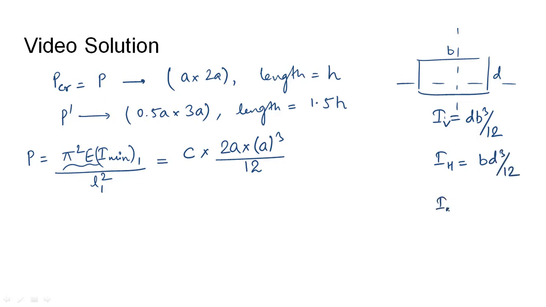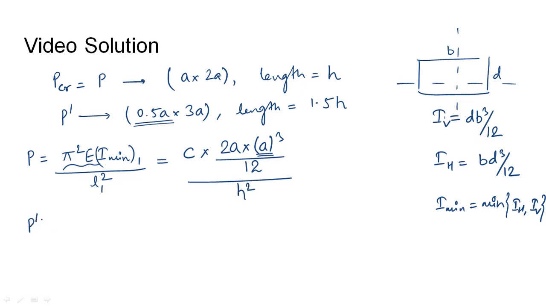So the inertia that we consider is the minimum of the horizontal value and the vertical value. Here if we cube 2a, we would not get the minimum value, so we are cubing only a, and we will do similarly for the other column where we would cube the smaller value, not the larger value, divided by the length square, that is h square.